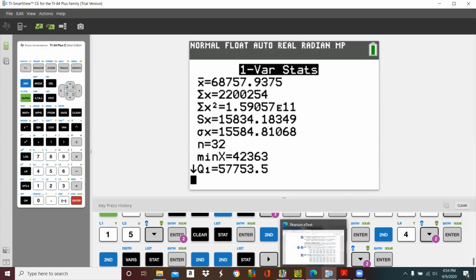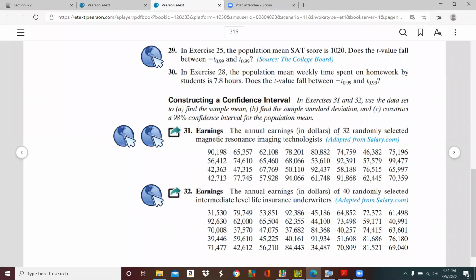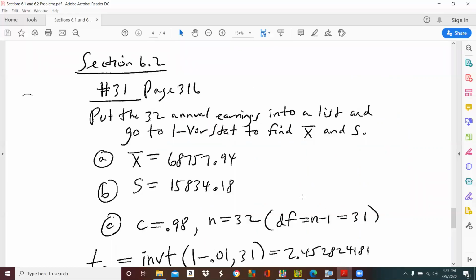So let's go back to the problem. What are they asking? If you look up here, they're asking what the sample mean is. Well, we just figured it out: $68,757.94. What is the sample standard deviation? $15,834.18. I write those down right here because we got them right out of one variable statistics.